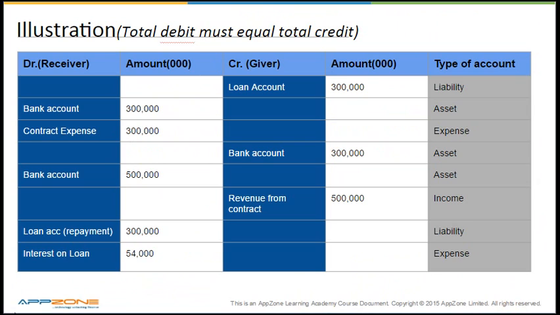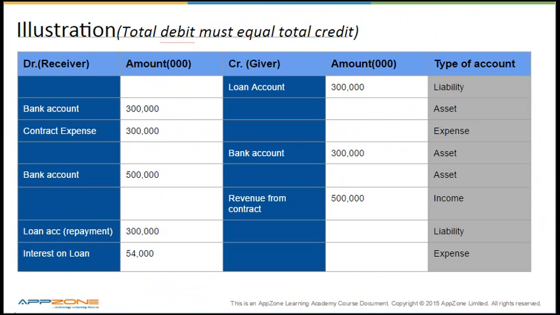ZoneTech will take that money from their bank account and finance the running of this particular project. So the bank account is now the giver, giving to the expenses incurred in executing this contract. We call that the contract expense. Hence, we'll be debiting the receiver, which is the contract expense, and we will be crediting the bank account for giving to the contract expense.